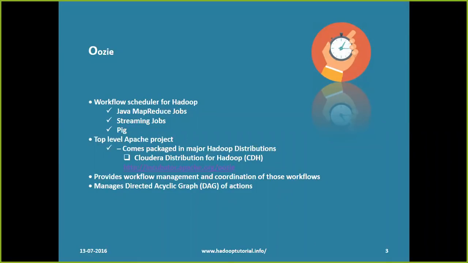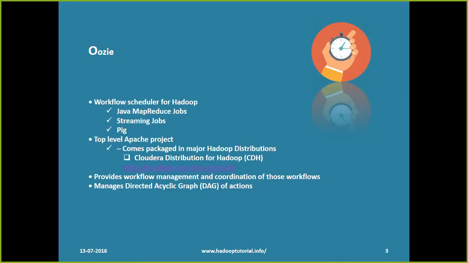It can be used to trigger your Java programs, your shell scripts, to perform SSH activities, to run your MapReduce jobs, your Pig scripts and Hive scripts, and even Sqoop actions. Sqoop actions can be done from Oozie. Even Spark actions can be specified with the latest versions of Oozie.